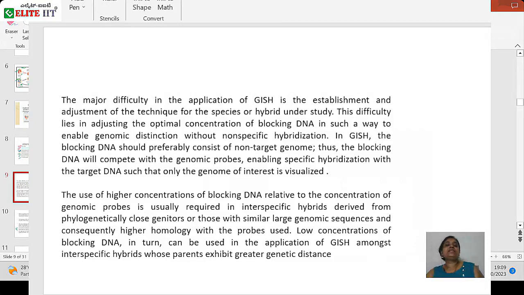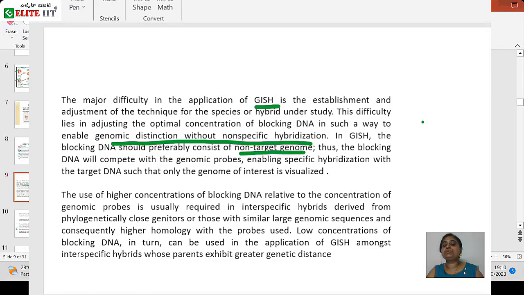In this case, the major difficulty in the GISH method lies in adjusting the optimal concentration of blocking DNA in such a way as to enable genomic distinction without non-specific hybridization. So in order to avoid non-specific hybridization, what are we doing? Blocking the DNA by using a separate DNA sequence. The blocking DNA should preferably consist of the non-target genome.